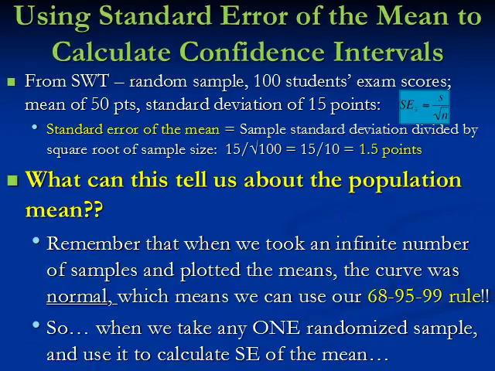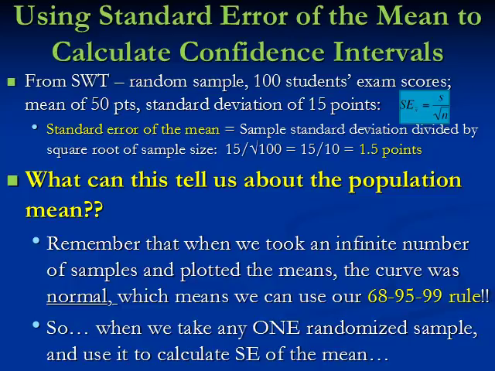Now, what can the data on this one sample of 100 students tell us about our population mean? Well, remember what we talked about before, that if we had taken an imaginary infinite number of samples and plotted the means, that curve would be normal. And what that means is we can use our 68, 95, 99 rule.